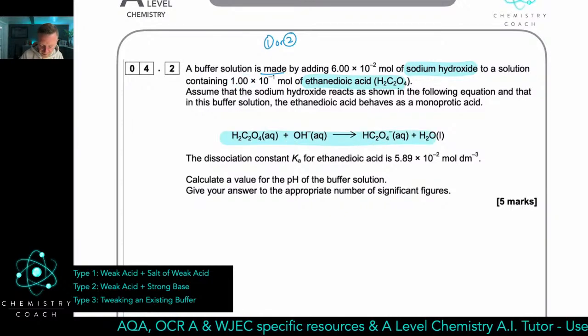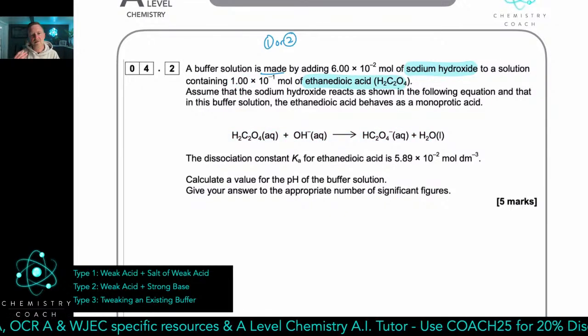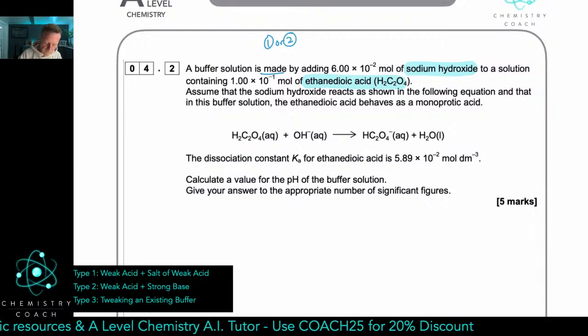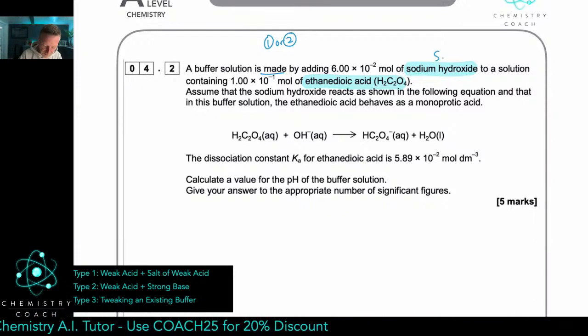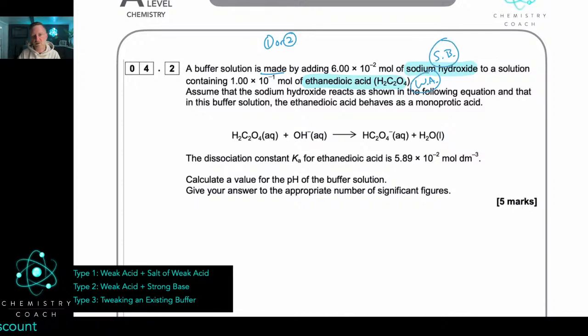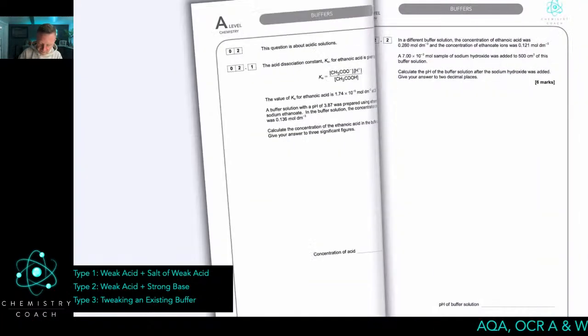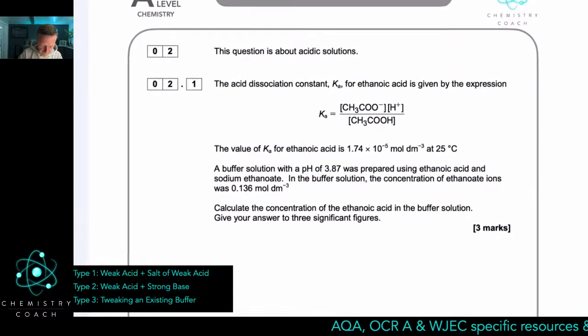And they've given us the reaction there. So this is type 2. The reason it's type 2 is because we got our strong base here and we got our weak acid here. So this is a type 2 calculation. On to the next. So this one here.